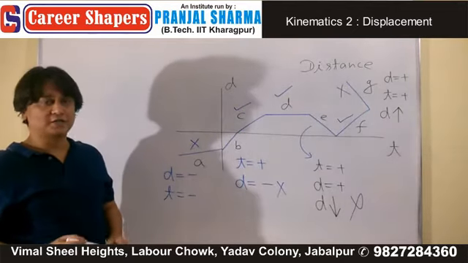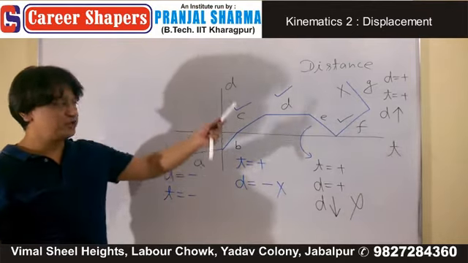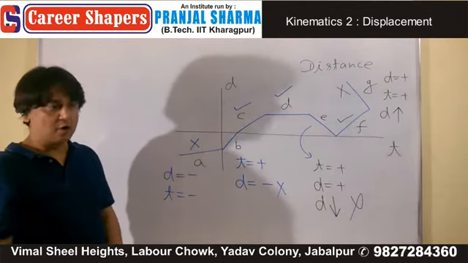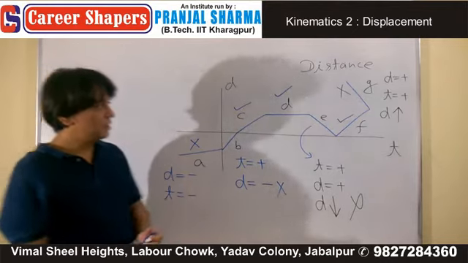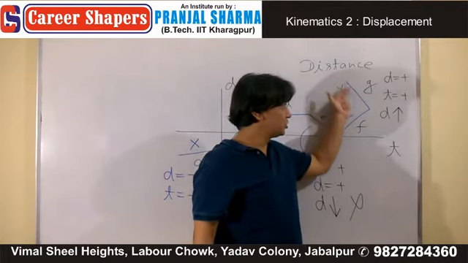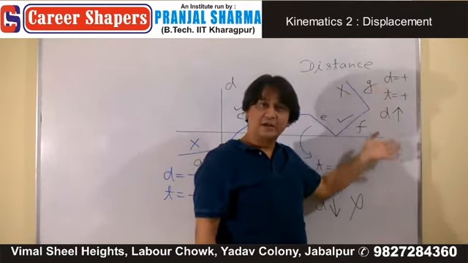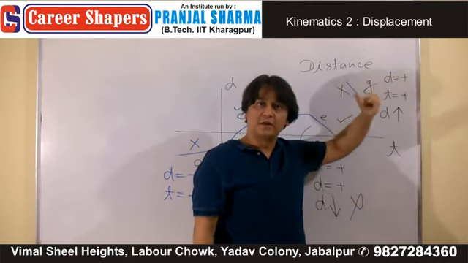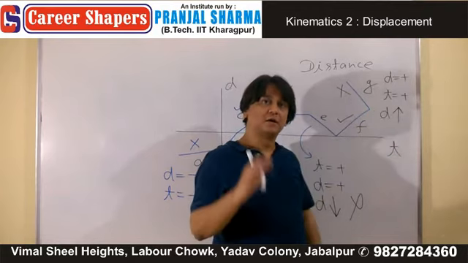If you know why it's not correct, then write down the reason behind G being not correct in the comment box. What makes you think that although in this portion of the graph, distance is positive, time is positive, distance is also increasing, but still this part is not valid? Why?